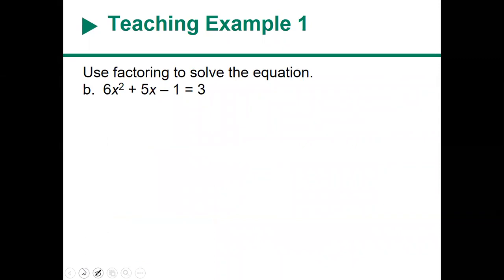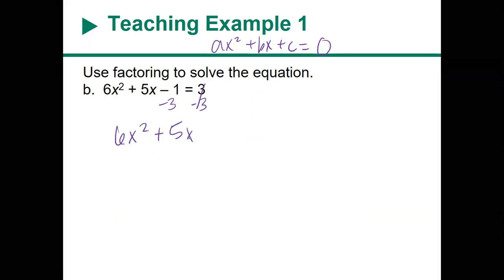All right, now let's get a little harder. Using factoring to solve the equation here, before I can factor, it has to be equal to 0. So ax squared plus bx plus c has to equal 0, okay? So I'm going to subtract 3, and now I have 6x squared plus 5x minus 4.